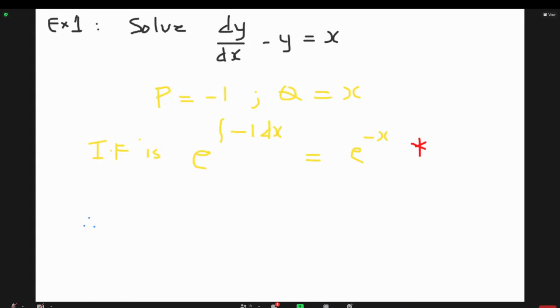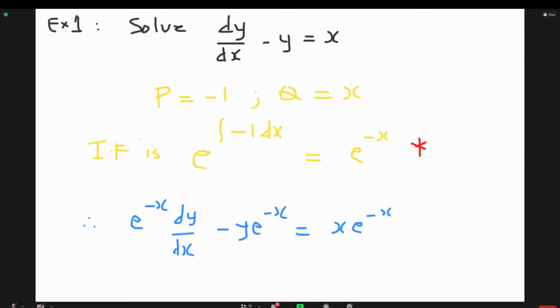So therefore e to the minus x dy/dx minus y e to the minus x is equal to x e to the minus x.